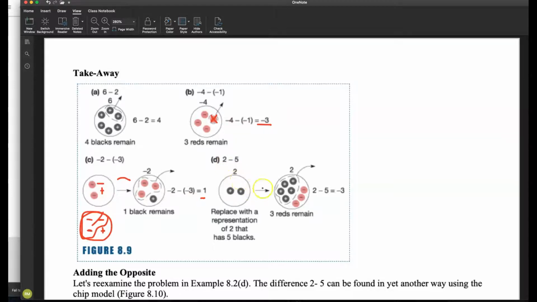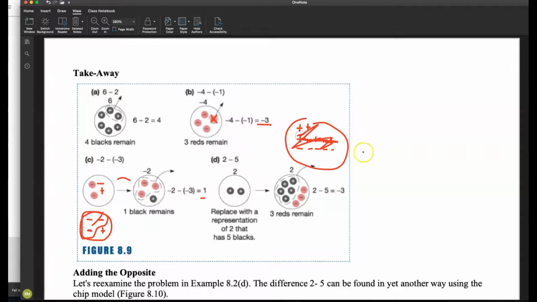2, take away 5. There's your 2, but I can't take away a positive 5. I don't have enough. So what you do is you add more.